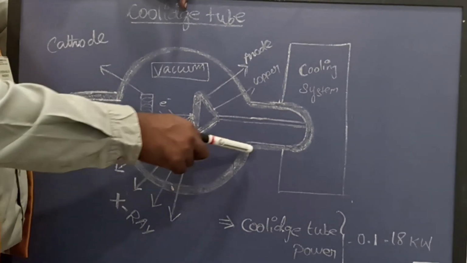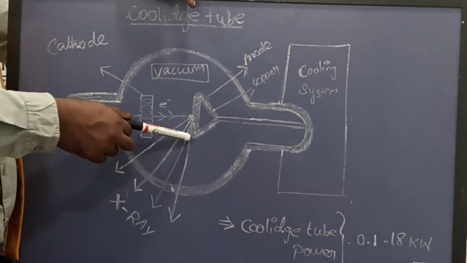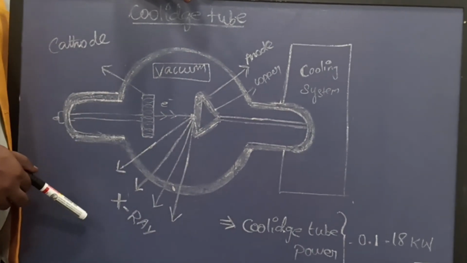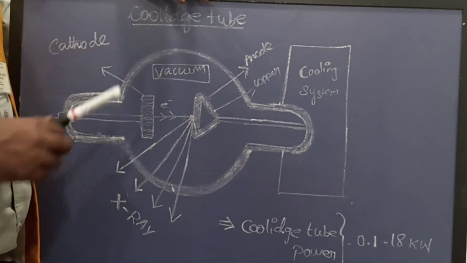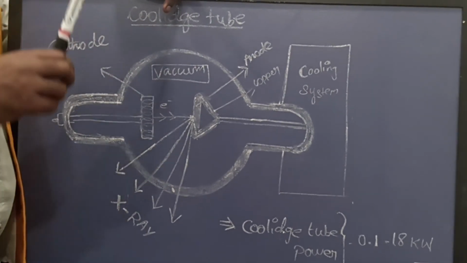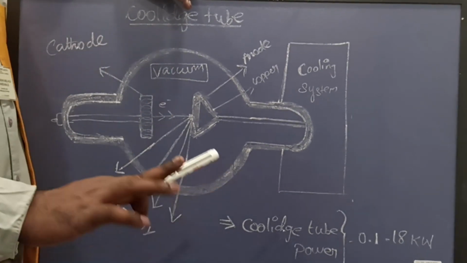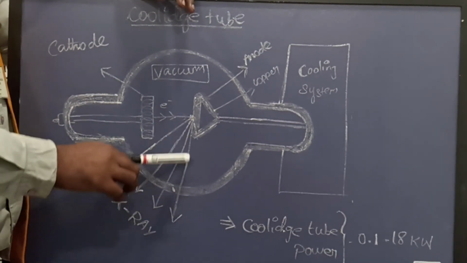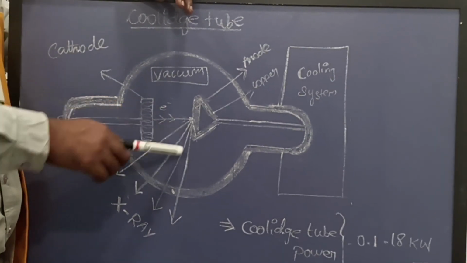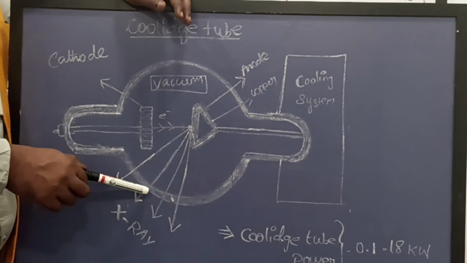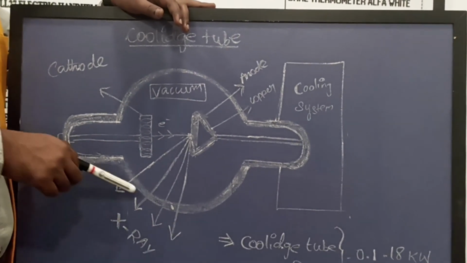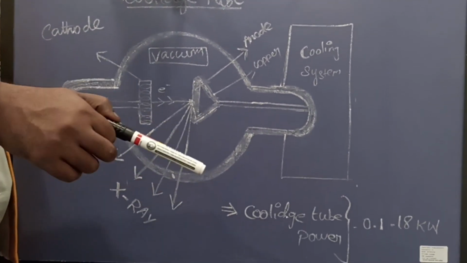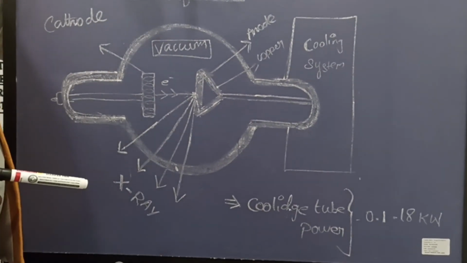Because the Coolidge tube is a glass tube, X-rays come out of it very easily. X-rays can't penetrate only bones, but glass materials are easily penetrated. So the X-ray radiations come out and are directed into the patient to find out the internal views. Hope you understand.